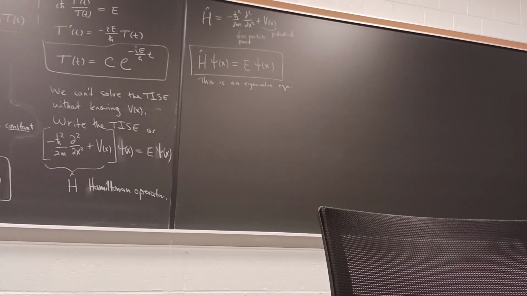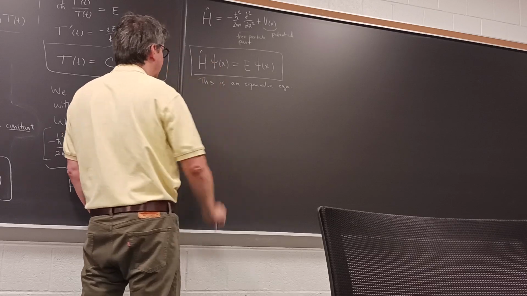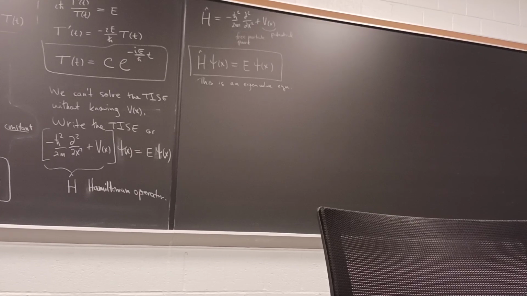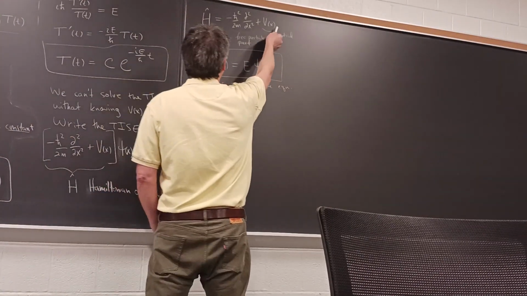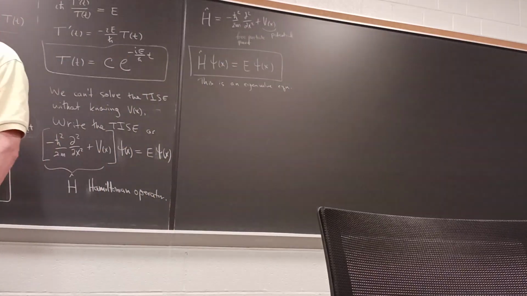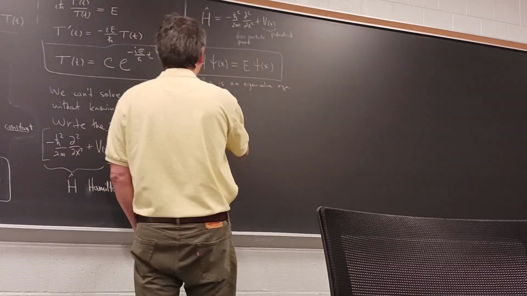Now previously when we were solving these things, H was like a matrix and psi was a column vector. But now psi is a function, a continuous function, and H is this continuous Hamiltonian. So what we're solving for here are different functions.